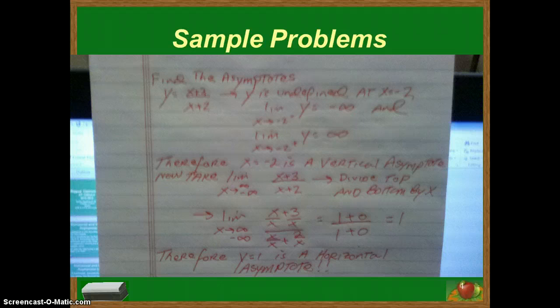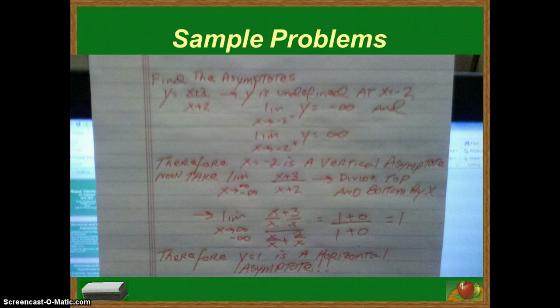Okay, let's find the asymptotes, and I hope you can read this, of y equals x plus 3 over x plus 2. Clearly, this is a rational function. y is undefined at x equals negative 2. So I'm going to take the limit of y as x approaches negative 2 from the left side, and I find that to be negative infinity.